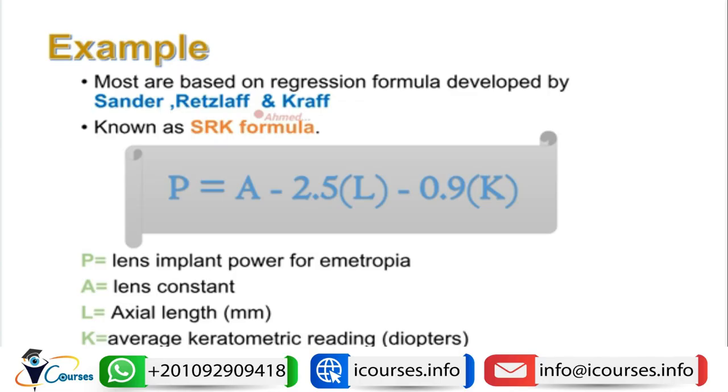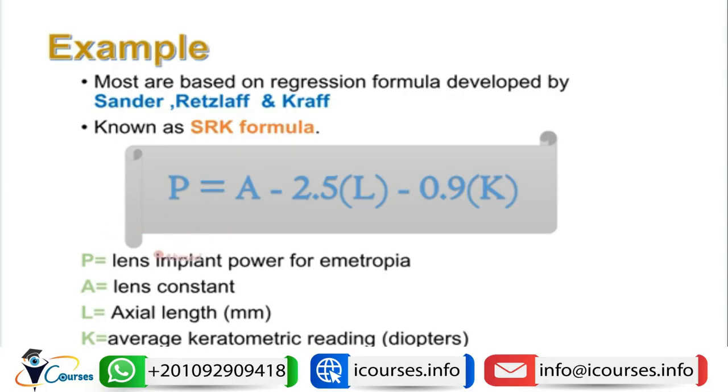These three scientists made their equations and put forward a formula that uses different factors in order to calculate the power of the intraocular lens, which was the first real attempt to reach a good formula for intraocular lens calculation.